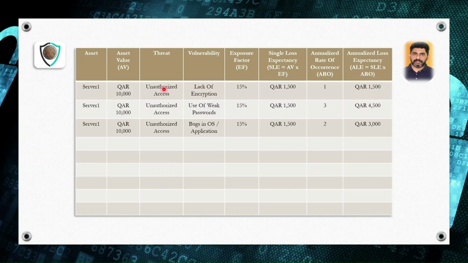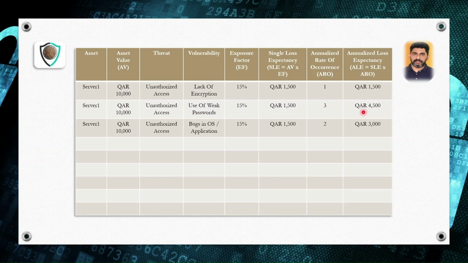So for the first threat vulnerability pair, we can see the risk is 1500 reals, which means due to this threat and this vulnerability, the organization is likely to lose 1500 reals per year. Whereas for the second threat and the vulnerability, the amount is more because the likelihood is more.